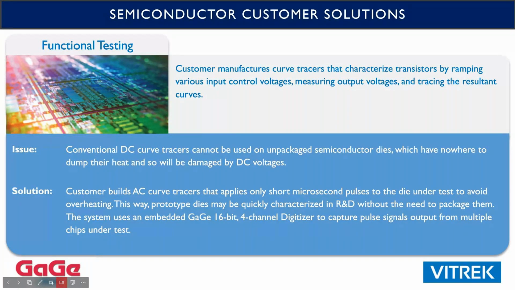The histogram is enough to characterize basically the head, whether it's a pass or a fail. So with that, those are the 6 applications that we could come up with for the semiconductor industry in those 3 domains we discussed. With that, I'll pass it back to Gerald for some information on the GaGe cards.